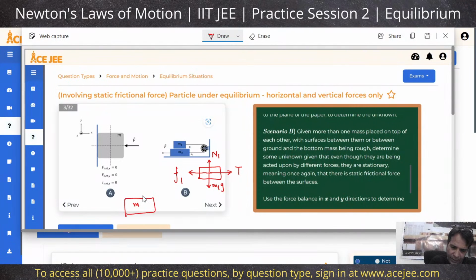Let me draw something similar for M2. So for M2, we have N1 acting downwards, and obviously M2 g acting downwards, and the ground is applying a force N2.